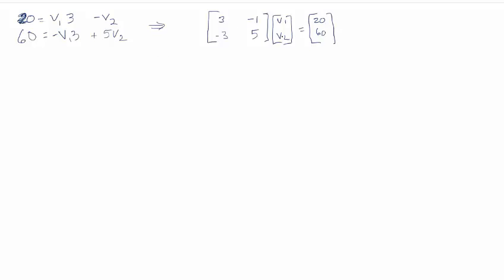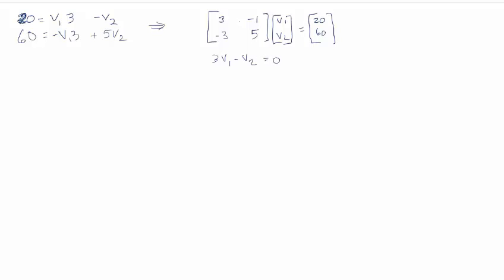So just to refresh you how this works when you're multiplying a matrix, this is a 2 by 2 matrix, and this is a 2 by 1 vector. If you were to multiply this out, you have this times this plus this times this, so that is 3V1 minus V2, and it equals 20.